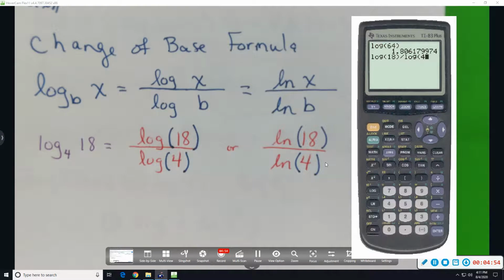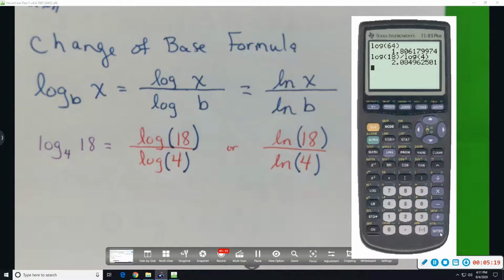I type the 4. And on this model calculator, if I don't close the final parentheses, it won't give me an error, but some calculators do. So because of my programming experience, I have an aversion to dangling parentheses. If I open a parenthesis, I'm going to close it.